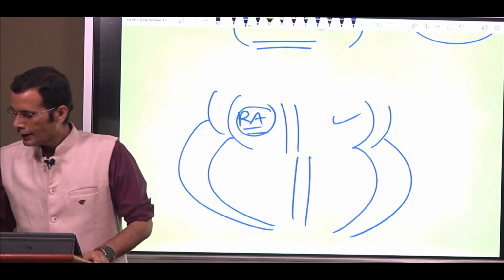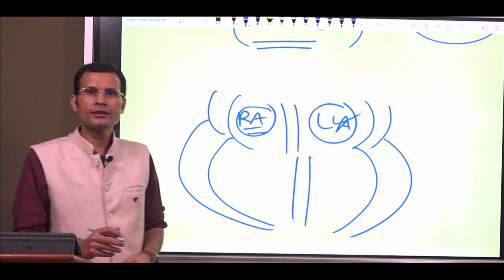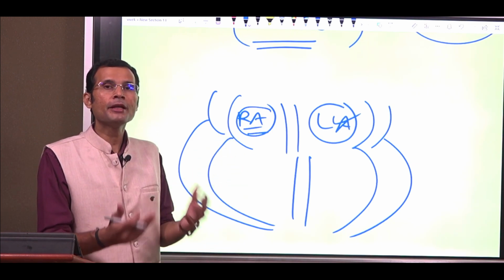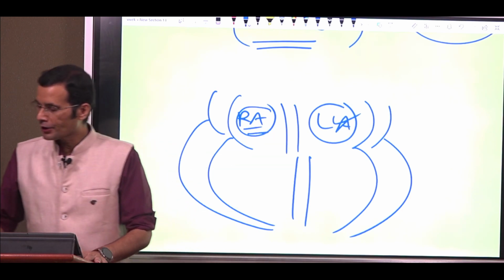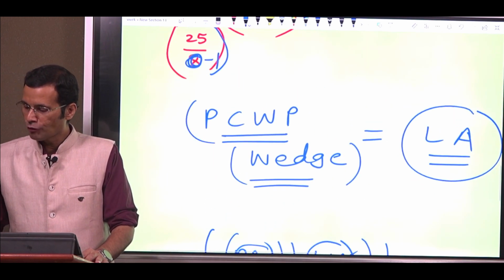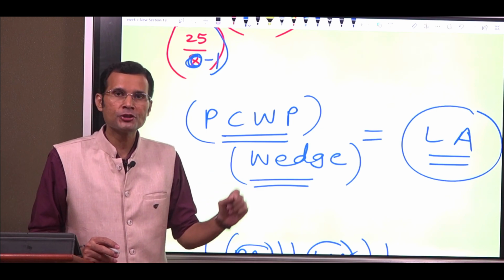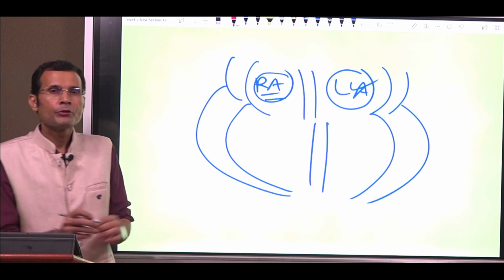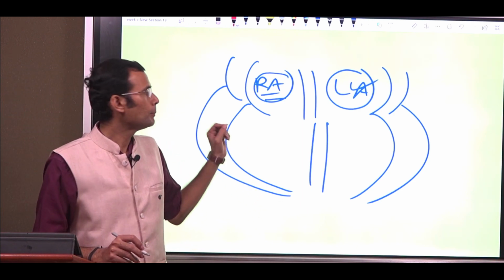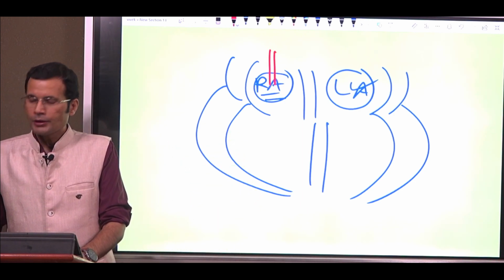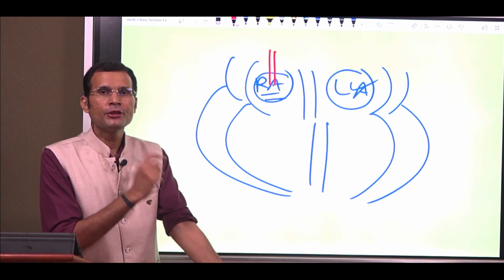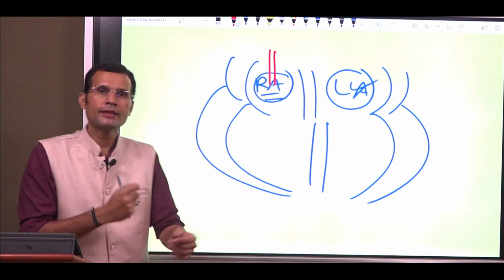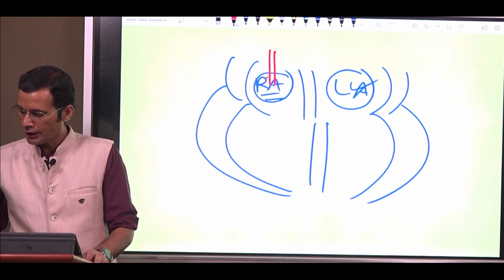But the left atrium we cannot access directly. So we have to have some indirect means to measure the left atrial pressure, and that is in the form of pulmonary capillary wedge pressure. What is it? We introduce a catheter with a balloon tip. It's introduced into a vein and advanced further into the right side of the heart.